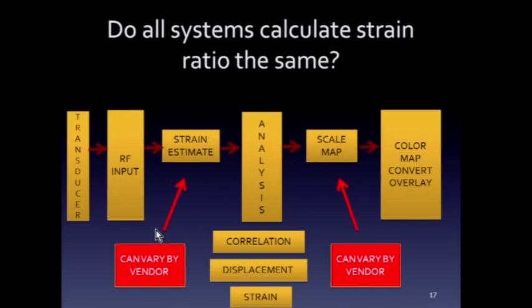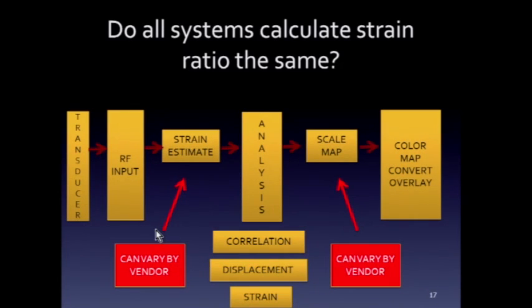So for strain systems, we have this. The transducer sends the RF input. The strain estimate is made by the machine, and each vendor has its own way of doing that, so there's variability there. So we analyze the data, and then once the data is analyzed, the vendors use a scale map to present the information, which again varies by vendor, and we get our output, which is our color map.